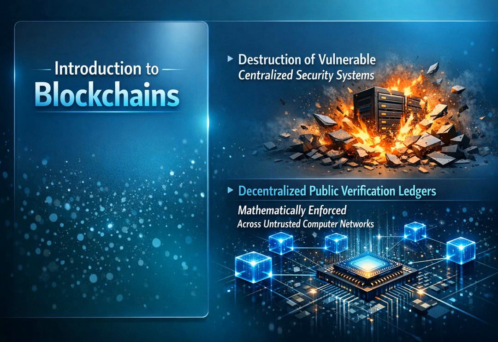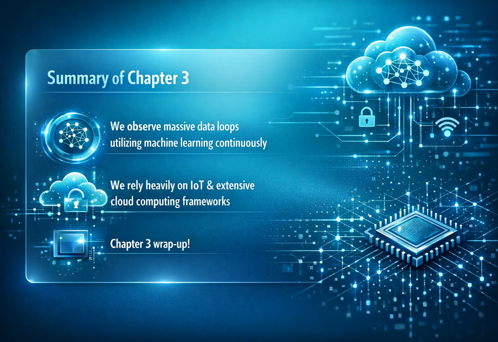Massive global ledgers inherently resist deep hacking corruption by relying on complex multi-node peer algorithmic verifications uniformly. In Chapter 3, we observed exactly how unbridled AI integrations strongly couple tightly with immense data environments. See you in the next exciting sequence.